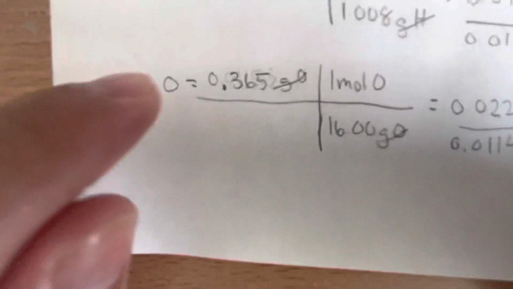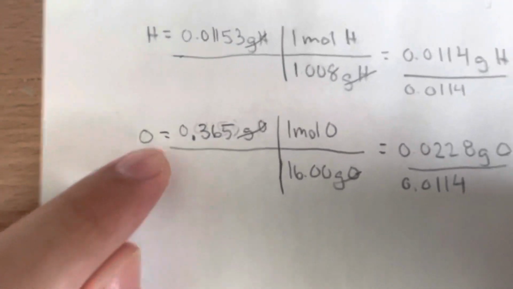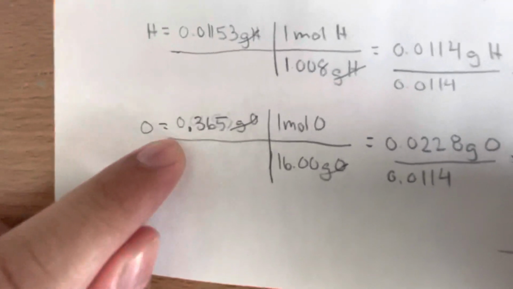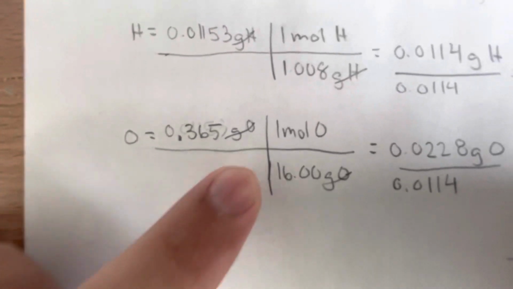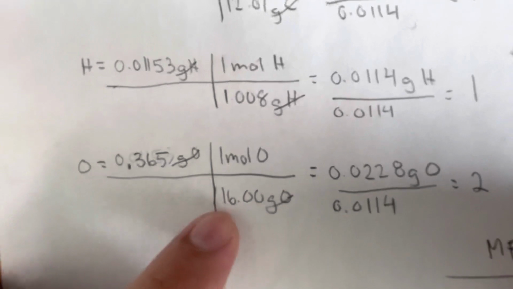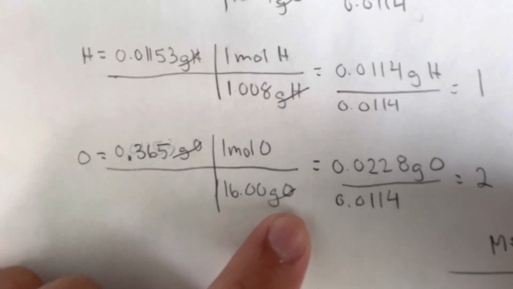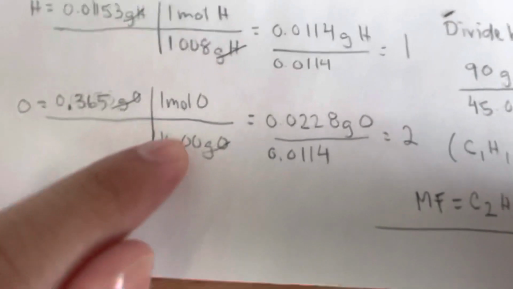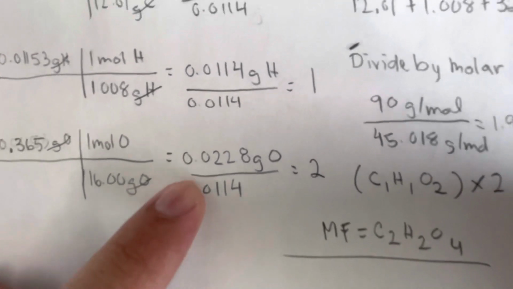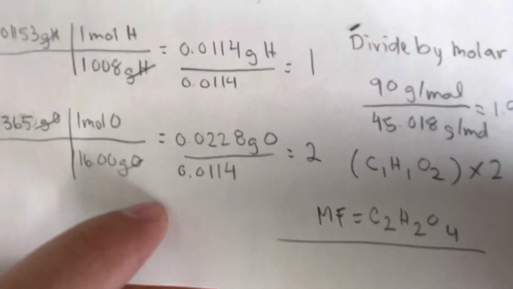And for oxygen, I did the exact same thing again. I start out with 0.365 grams of oxygen, with 16 grams of oxygen to 1 mole. Dividing those together, I get 0.0228 moles of oxygen.